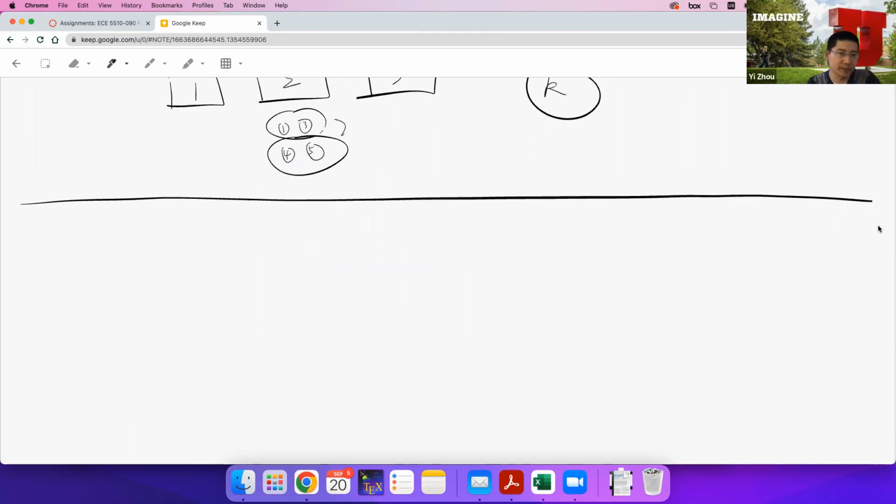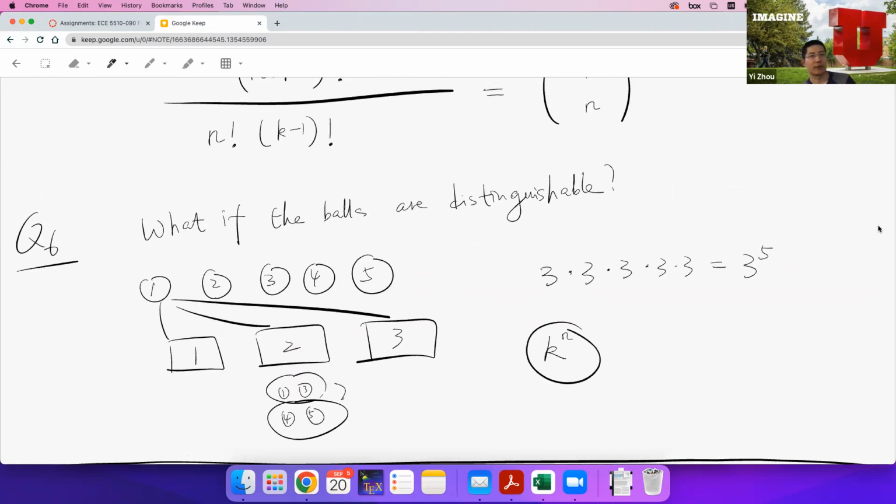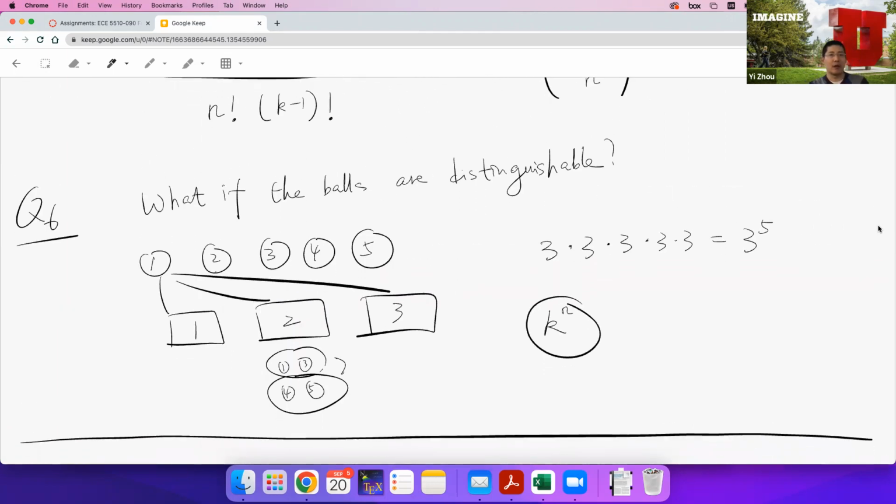When you do the homeworks and all the other combinatorial problems, you just need to figure out which of these questions that we go over today corresponds to the problem of interest.